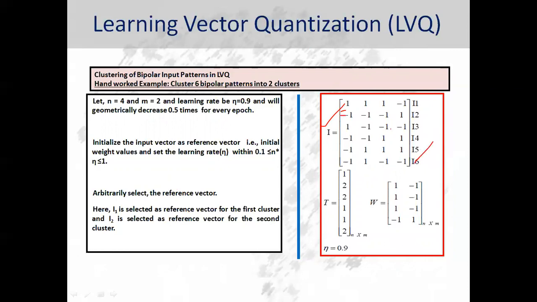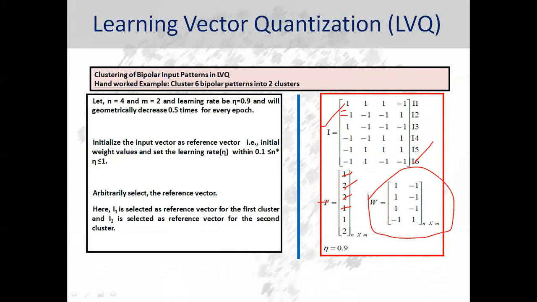This is your feature matrix, and your vector T, the target vector, gives the class of each input pattern. I1 pattern belongs to class 1, I2 pattern belongs to class number 2, I3 belongs to class number 2, I4 belongs to class 1, and so on. And these are your random weights, or weights being initialized.